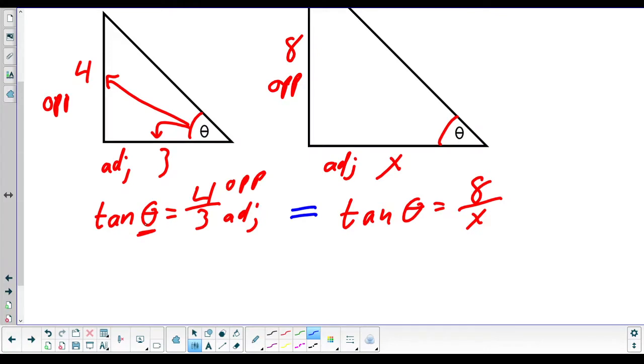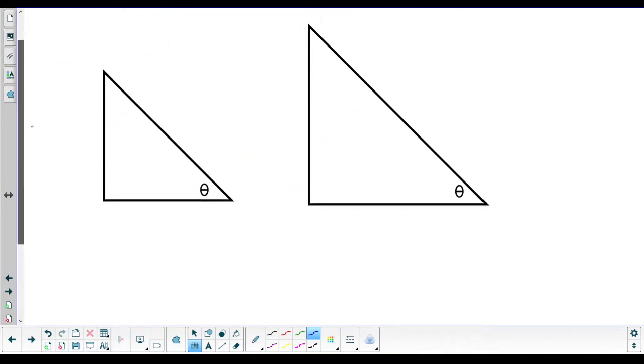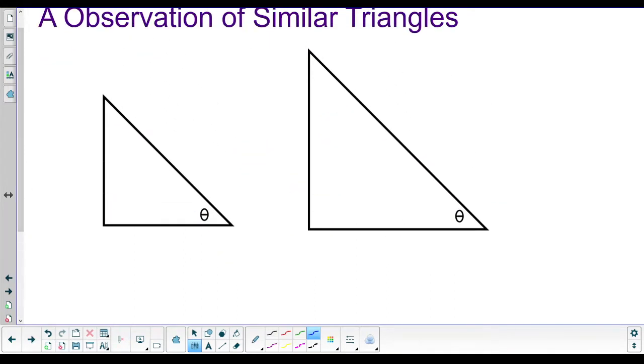So because this tangent of theta equals 4 over 3, this tangent of theta should also equal 4 over 3, and we can set their ratios equal to each other, and that lets us solve for x really easily. So if I double the top, I should probably double the bottom, right? X equals 6. So you need to know if you have similar triangles, then their trig ratios should be equal.